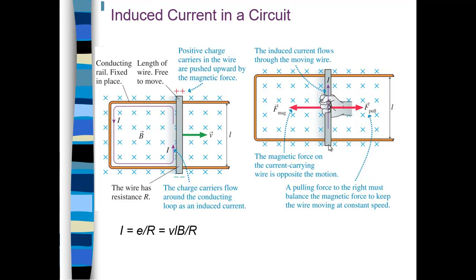So in other words, the pulling force and the magnetic force have to balance out. The magnetic force you will have to oppose with your pulling force, and if those two balance, then you will be moving at a constant speed. Okay, so the force of the pull is equal to the magnetic force.